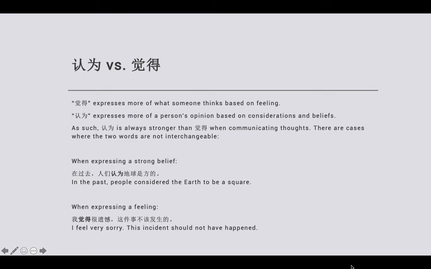So there are some cases that these two words are totally not interchangeable. For example, when you're expressing a strong belief, 在过去人们认为地球是方的。In the past, people considered the Earth to be a square, and as it's a belief here, you need to use 认为 instead of 觉得。Or if you want to express a feeling, 我觉得很遗憾，这件事不该发生的。I feel very sorry.